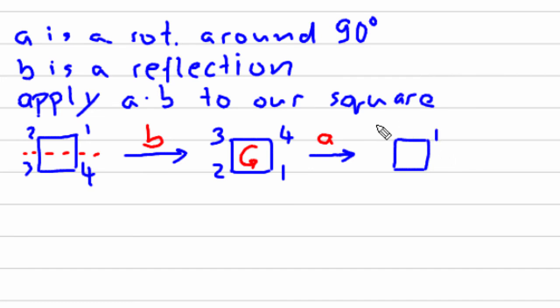This one becomes 1, this one is 4, this one is 3, and this one is 2. So this is the result of A times B.